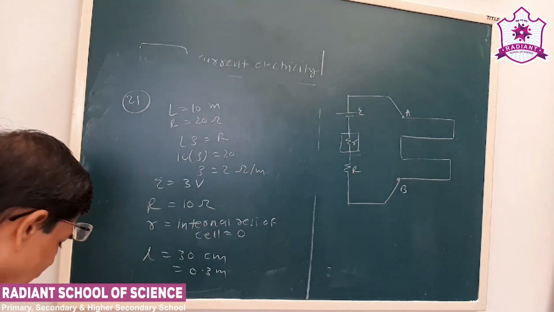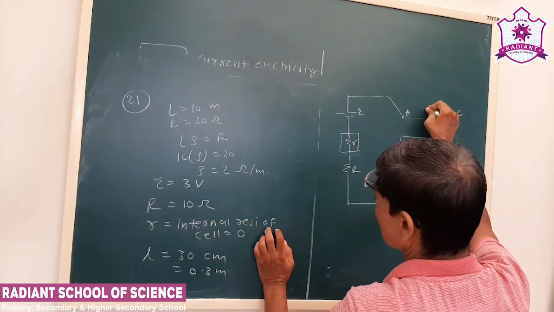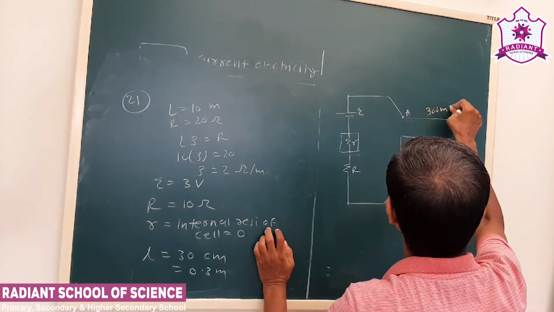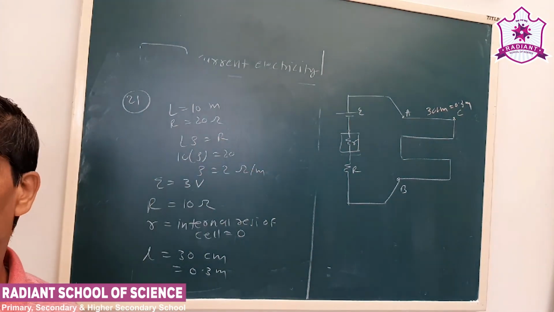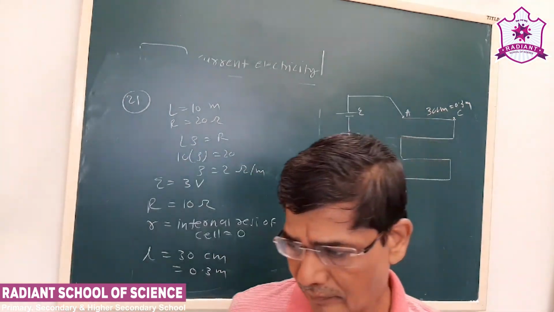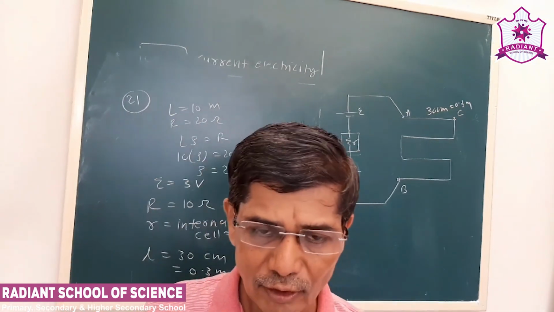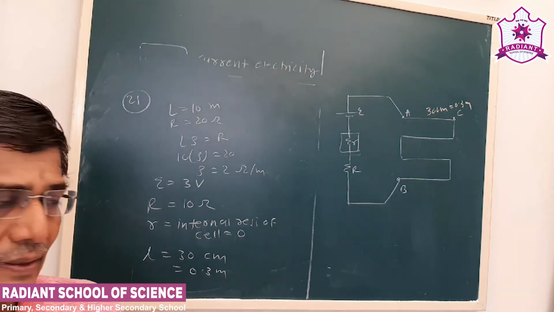Let us say these 2 points are separated by L. So we discussed in the theory of the potentiometer that potentiometer is a device by which we can obtain continuously varying potential difference as well as measuring.